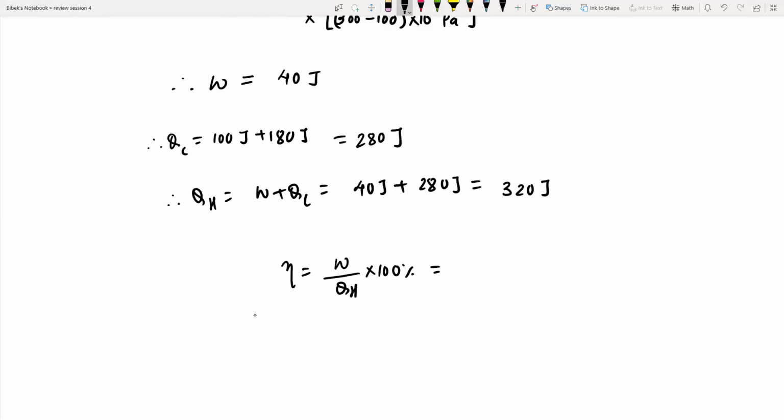So that is 40 joule over 320 joule times 100%. So that will be 1 over 8. So it will be 100 over 8%. So do the calculation and that will be your efficiency.